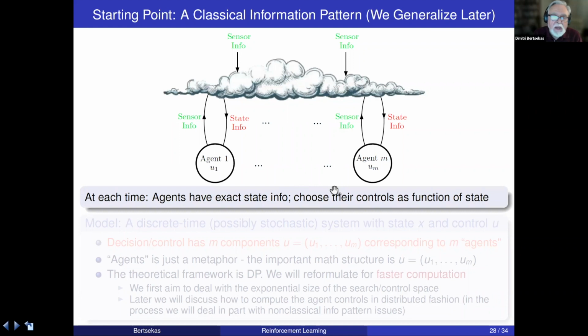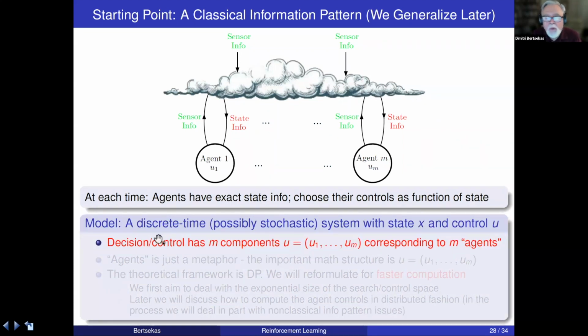And because of the sharing of information, you can view it in terms of this picture. So at each time period, the agents have exact state information, and they choose their controls as a function of the state. And this state is collected in some kind of a cloud, a sensor cloud, which sends back conceptually this information to all the agents.